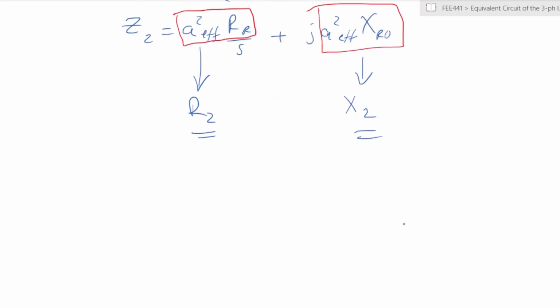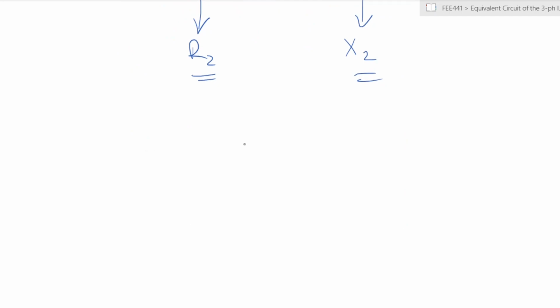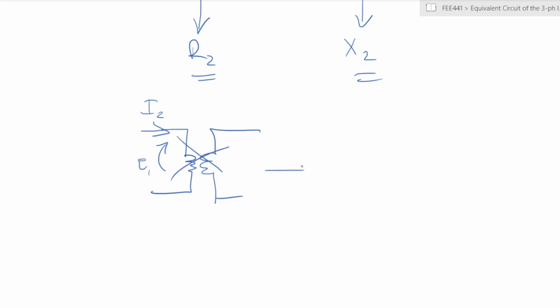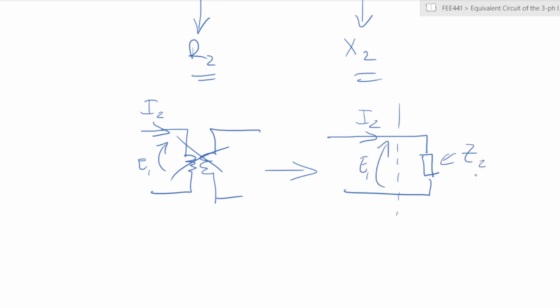So now we combine all of them together. So instead of having your virtual or your perfect transformer with your I2 and your E1, you are able to remove this, and it then becomes I2 still being supplied by E1 into a Z2. Okay, and what is this Z2?